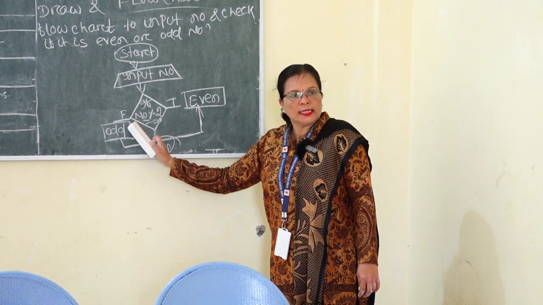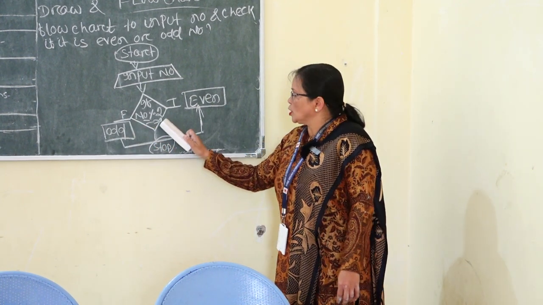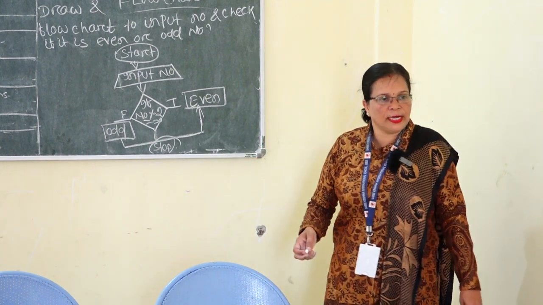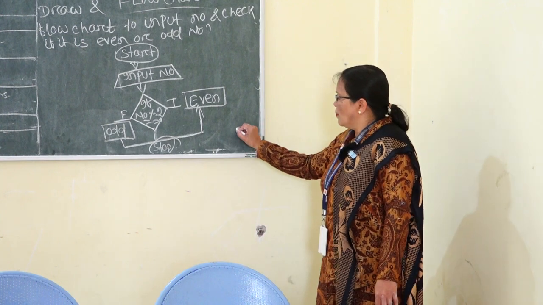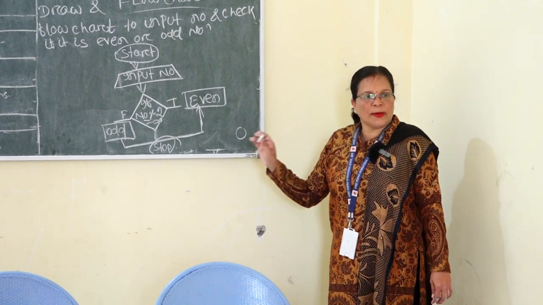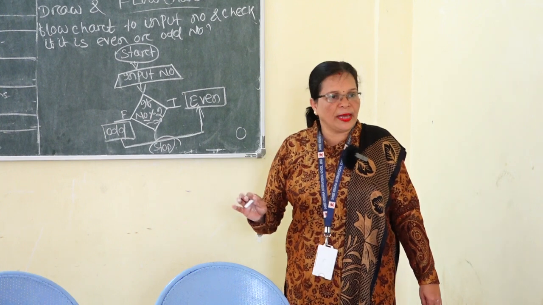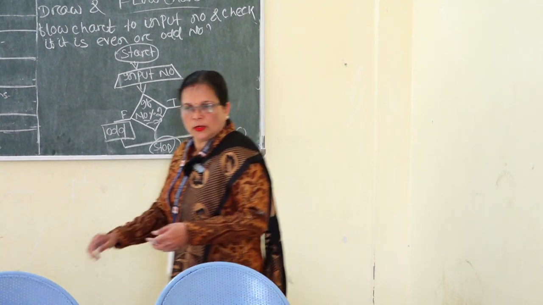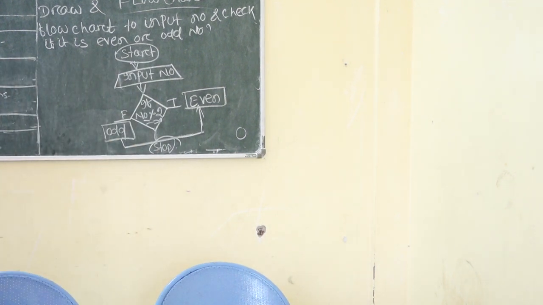If it is false, then it is an odd number. Double equal sign means the quotient may be whatever, but the remainder must be 0. Double equal symbol means comparison, comparison with the remainder value. Now clear to everybody?